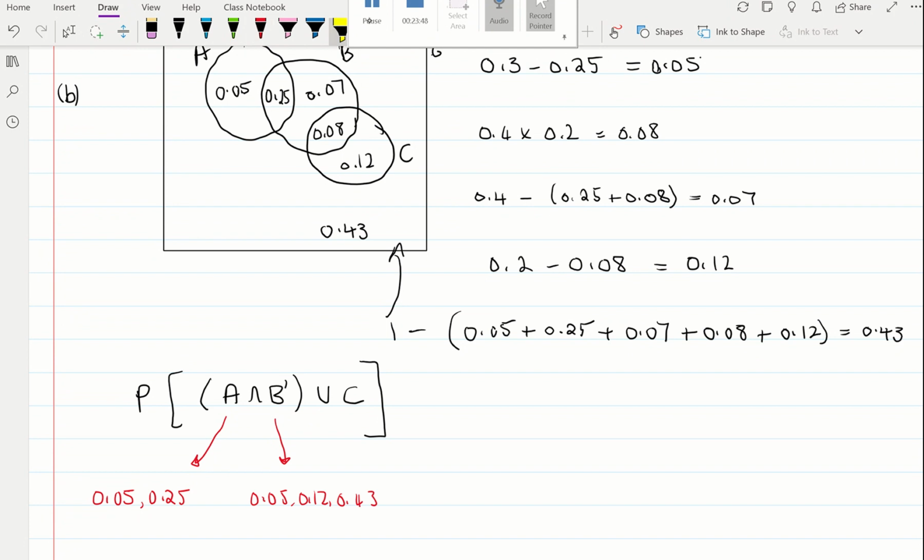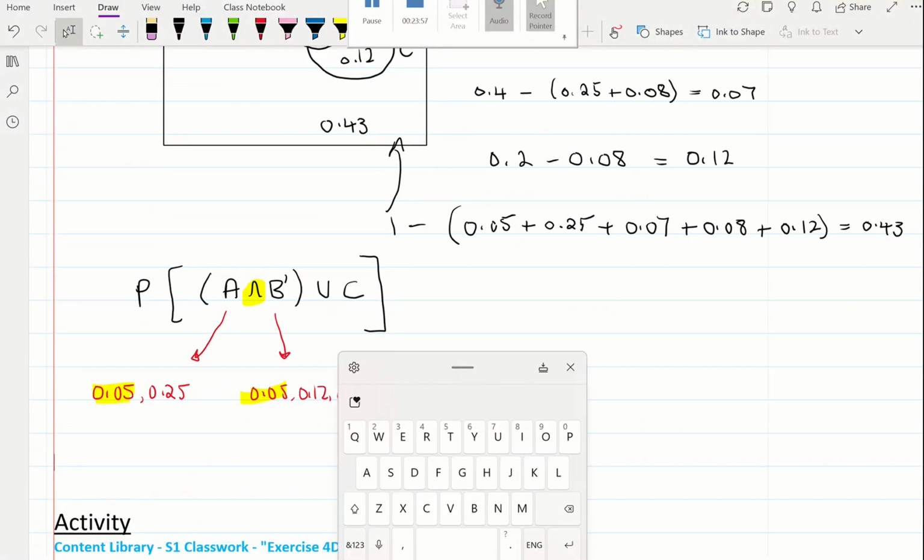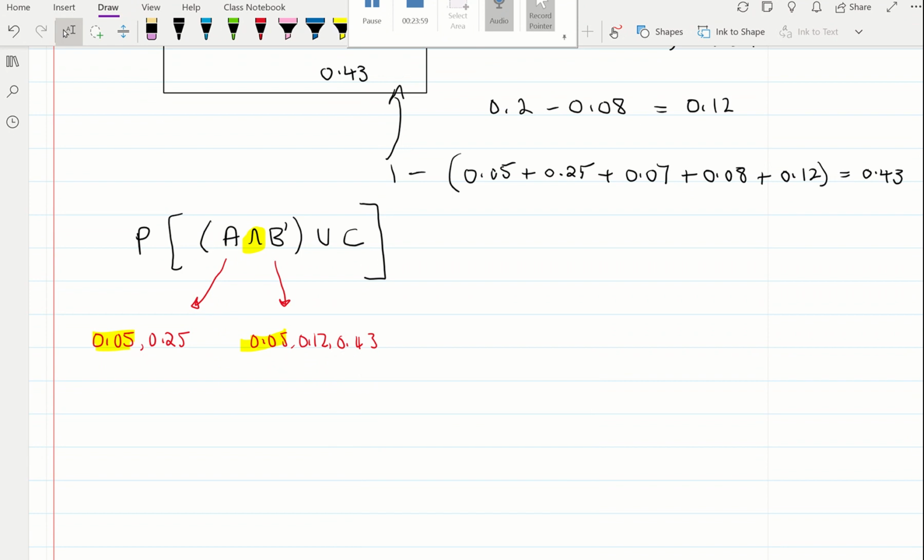But I want the intersection between those two, which is clearly just that. So from here, what I want is only 0.05.